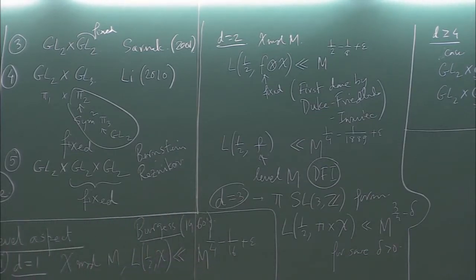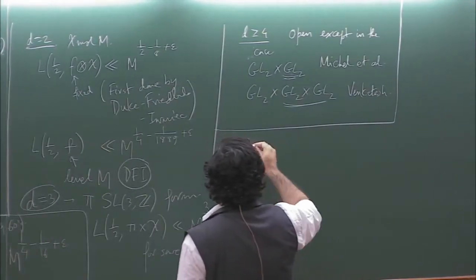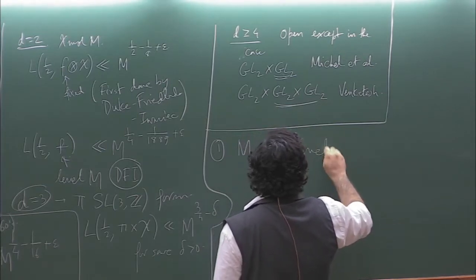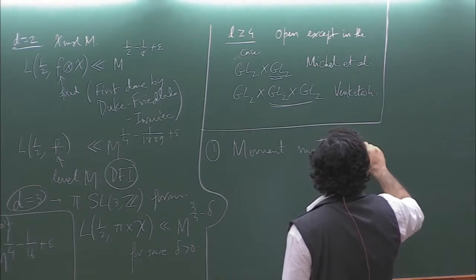Okay, so that's basically the history of subconvexity in a nutshell. And the methods that people have applied so far is, of course, first the moment method, sometimes with amplification.